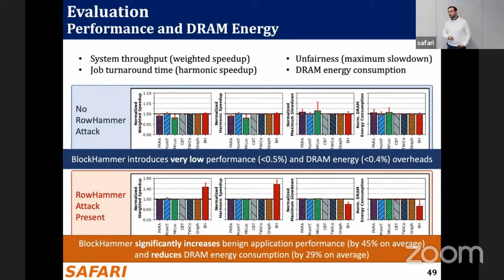But how does BlockHammer outperform the baseline? Because when there's an attack, it throttles the attack, so that benign applications can also finish faster when you have BlockHammer compared to the baseline.